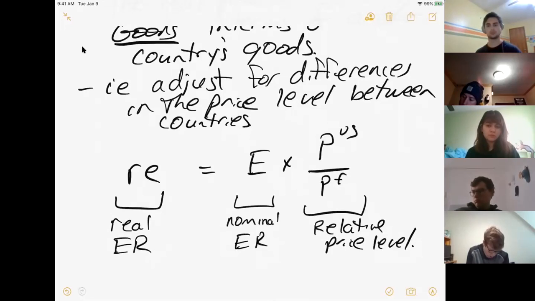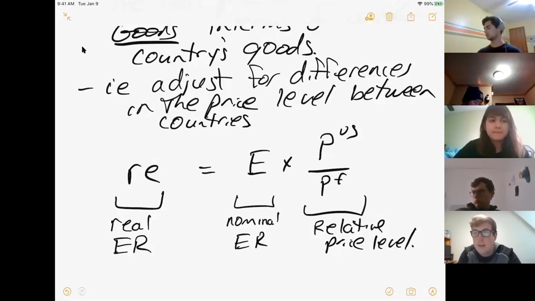For any of you who have traveled, you have done this in your head. I would assume most of us have probably traveled to another country. If you've traveled to another country, you have calculated a real exchange rate, you just don't know it. Because what do you do in your head when you're traveling? For instance, you go to Europe, and you say, well, there's a nice sweater. It's 40 euros. How do I interpret that? First, I have to take those euros and transfer them into dollars.